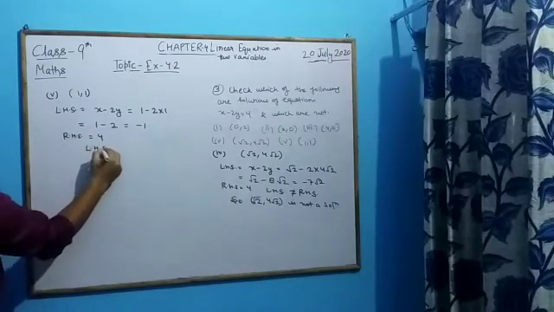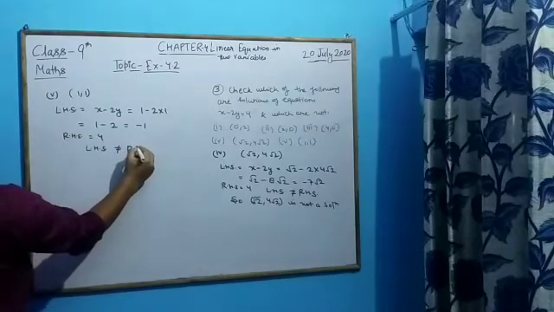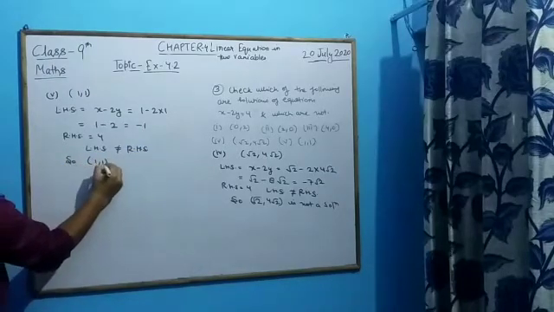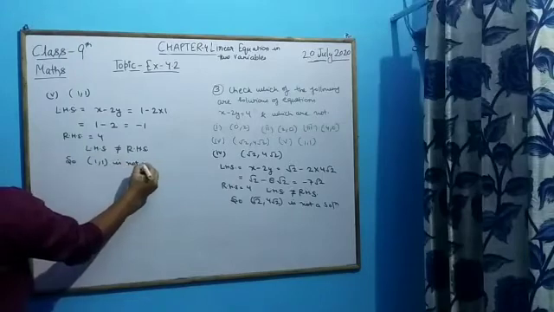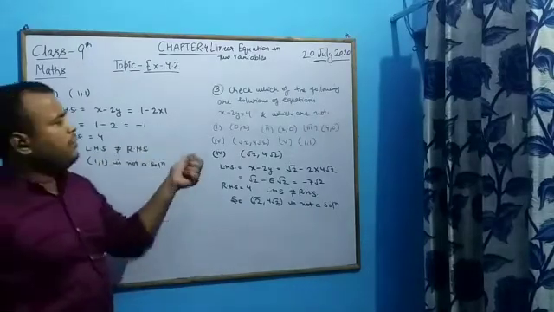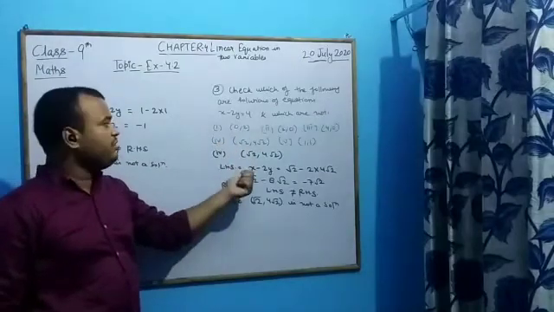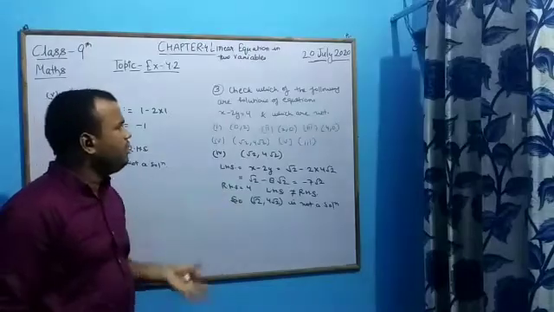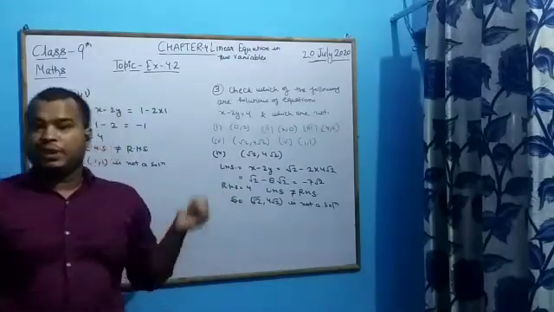Now we can see here left hand side is not equal to right hand side, so we can say 1 comma 1 is not a solution. So the given points are the solution if they satisfy the equation. If they do not satisfy, they are not the solution. This is the way.